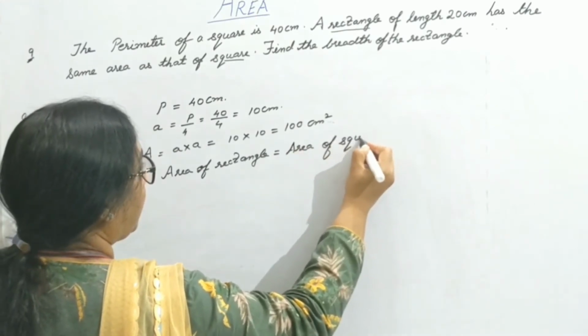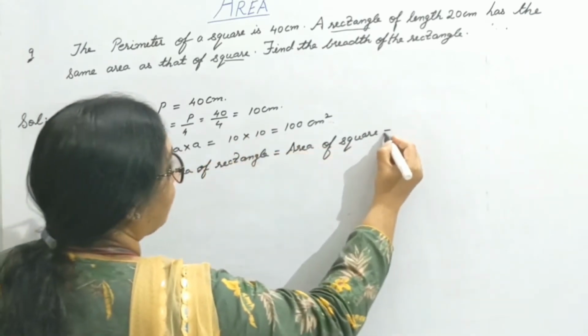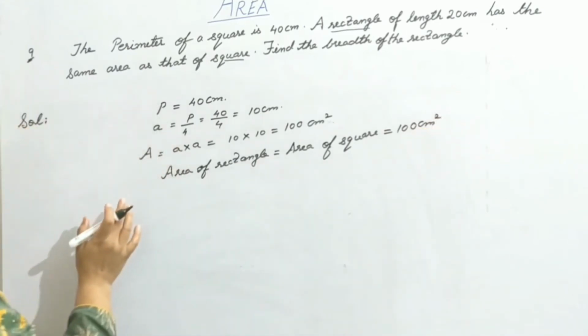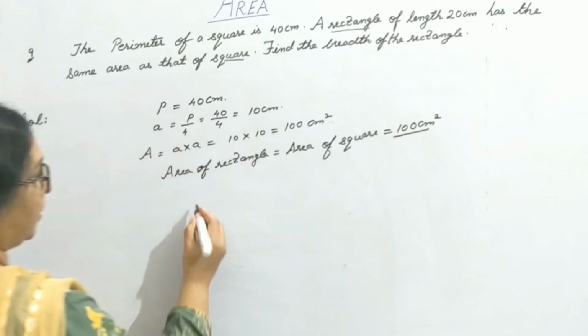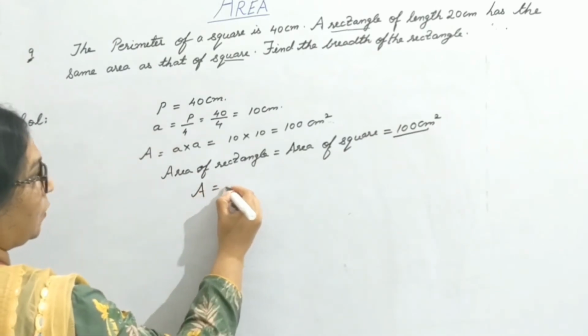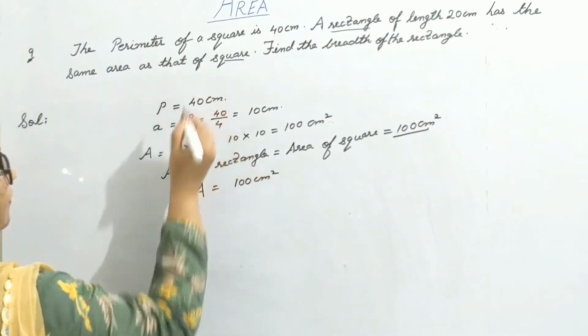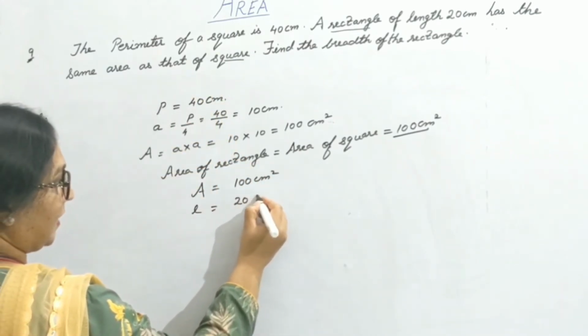And already you have calculated the area of the square. What is the area of the square? Area of square is 100 centimeter square. So when you compare from here, you get the area of the rectangle equals 100 centimeter square, and the given length of the rectangle is 20 centimeter.